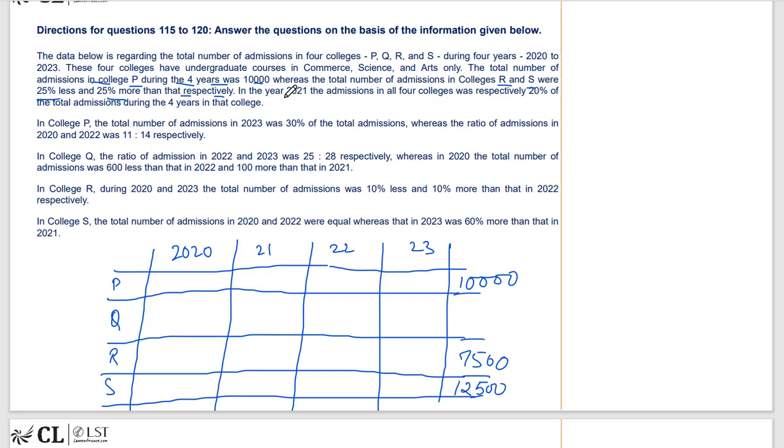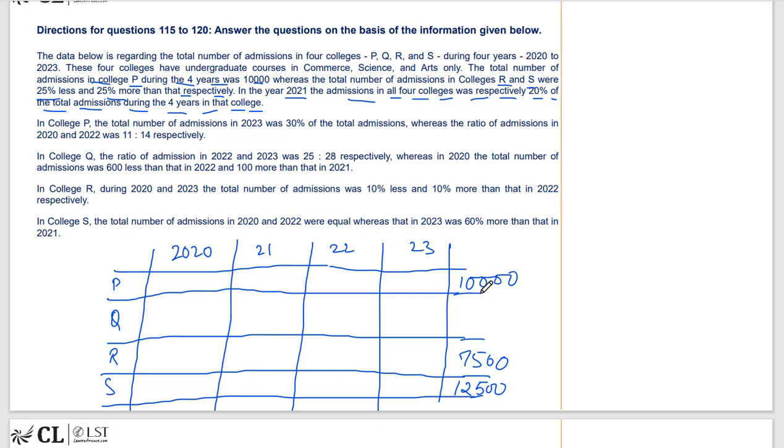In the year 2021, the admissions in all 4 colleges was respectively 20% of the total admissions during the 4 years in that college. Okay, this line is very important. It means that for any college, the data for 2021 is nothing but 20% of the total admissions during all 4 years.